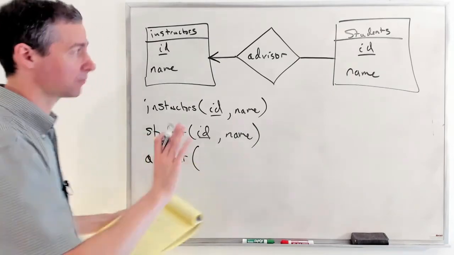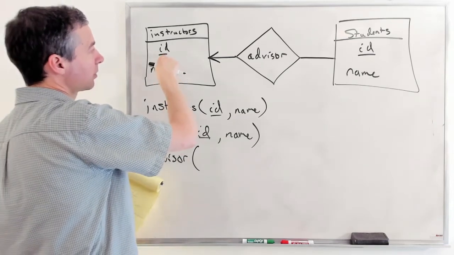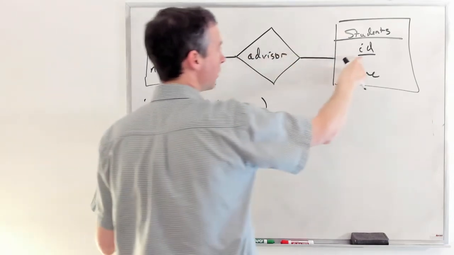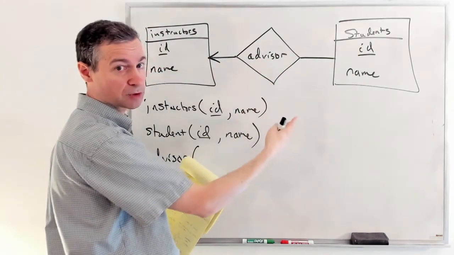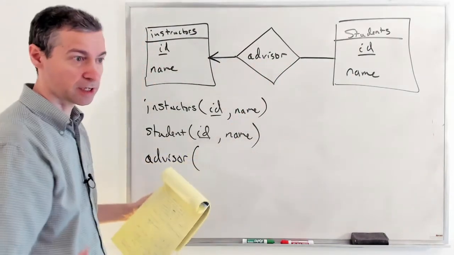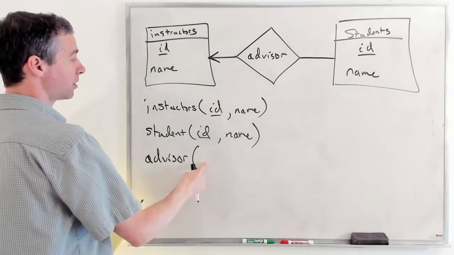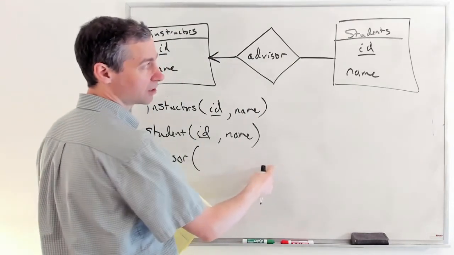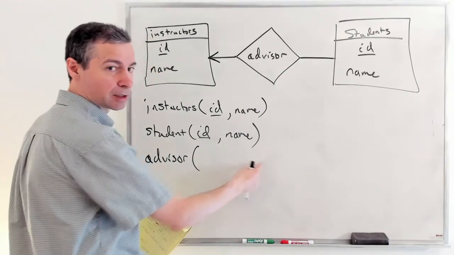So we are going to have, well, first of all, we know that we're going to have in here this primary key and this primary key. This relationship set has no attributes on it, so there aren't any other attributes. So the two attributes we're going to have in here is the ID of the instructor and the ID of the student. We cannot name it ID, ID.